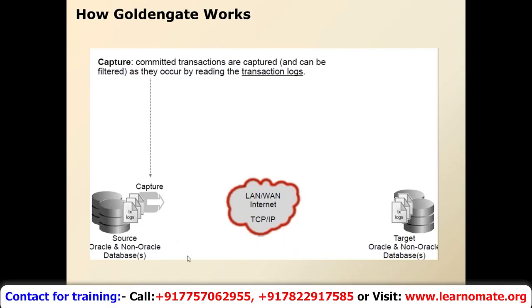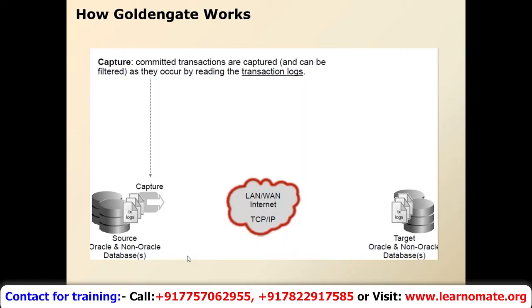Each database has its own transaction logs. In case of Oracle, those transaction logs are called redo logs, or the backup of redo logs, which are called archive logs. In case of SQL Server or MySQL, those are called transaction logs. Whatever changes happen in the database get recorded into the transaction logs.